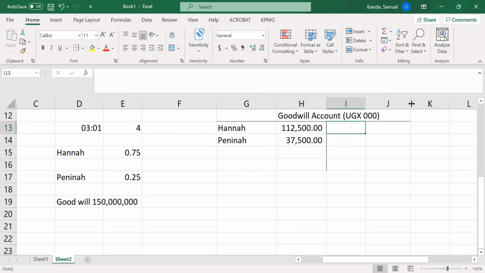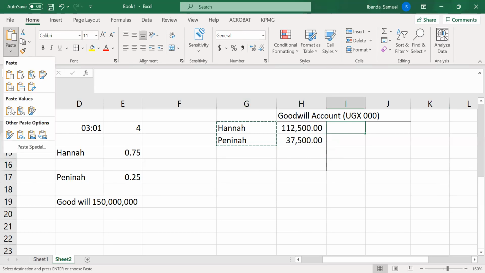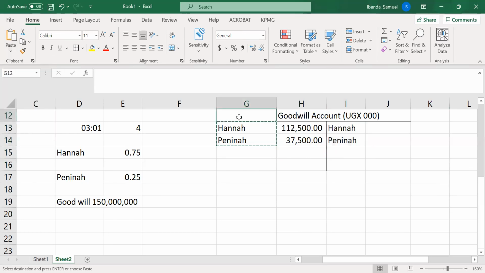After that, I'll look at now the three partners. I'm going to look at Hannah on the credit side, because this is the debit side of your goodwill account. So on the credit side, I'm going to look at how this is shared amongst the three partners.